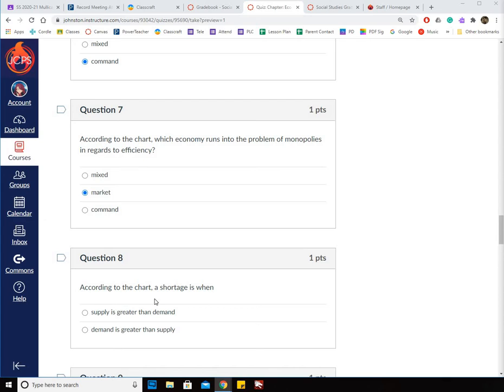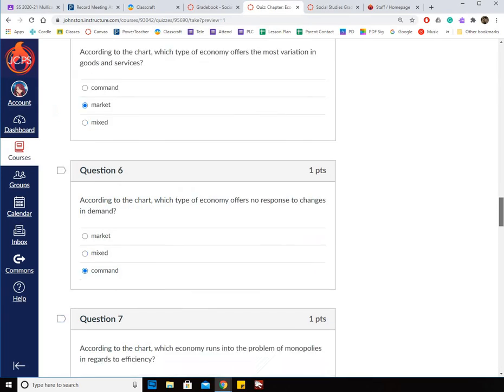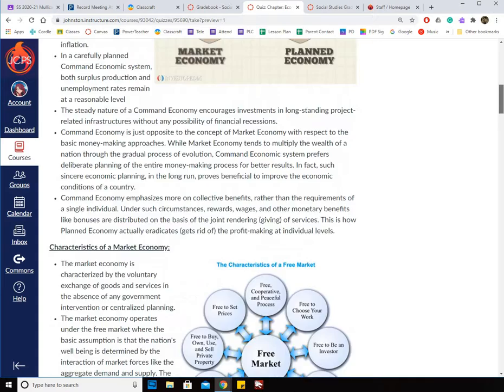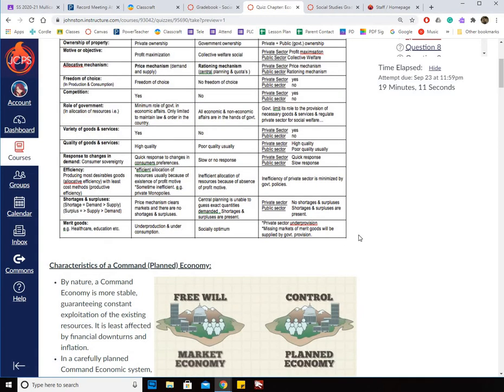All right. According to the chart, a shortage is when supply is greater than demand or demand is greater than supply. All right. So here we go. Shortages and surpluses. So shortage is when demand is greater than supply.